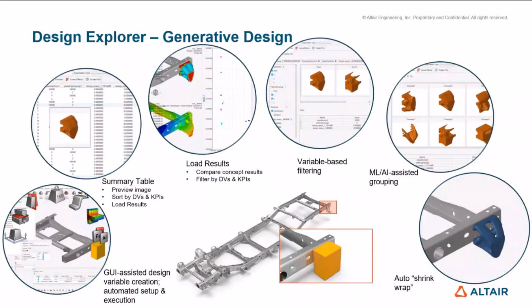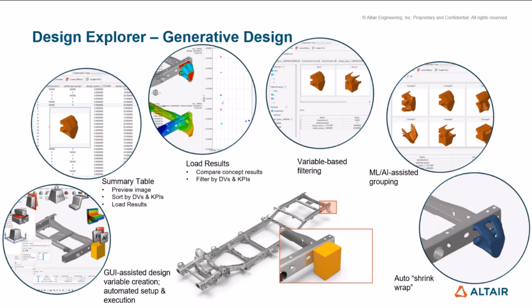Additionally, here's just a look at some of the features. Again, these have all been there since 2024, but just as a reminder and a refresher, the workflow is a Design Explorer based workflow. It's embedded in the Design Explorer ribbon, and it works similar to the existing workflows for designs of experiments and optimizations.